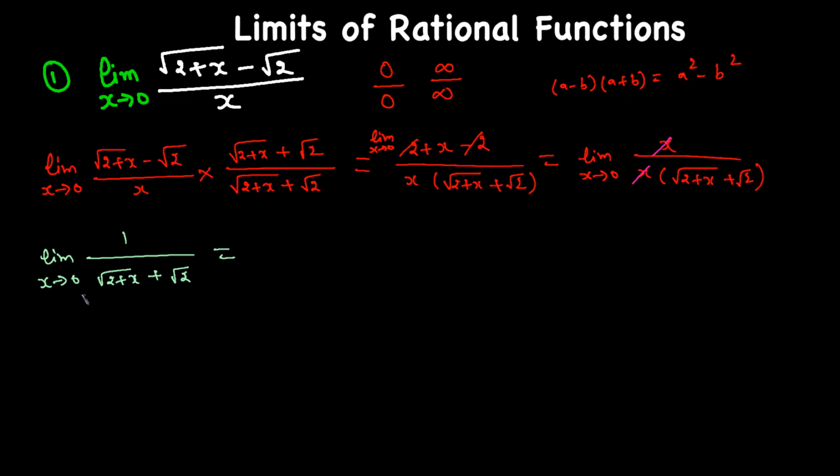Now we're going to plug in the value of x into this expression. With x approaching 0, that gives me 1 over root 2 plus 0 plus root 2, which is equal to 1 over root 2 plus root 2, and this is equal to 1 over 2 times square root of 2. So that's the answer. All right, let's do the next one.